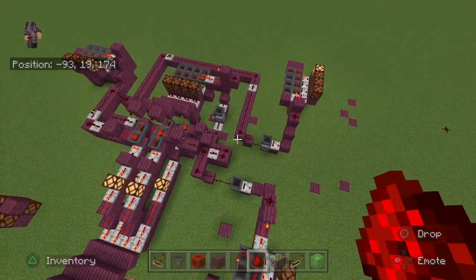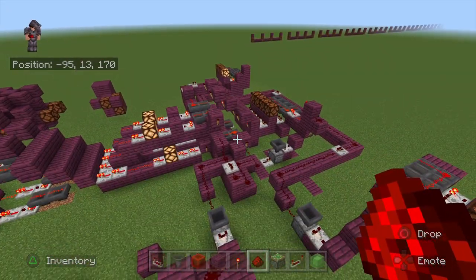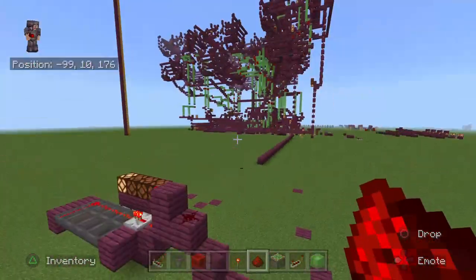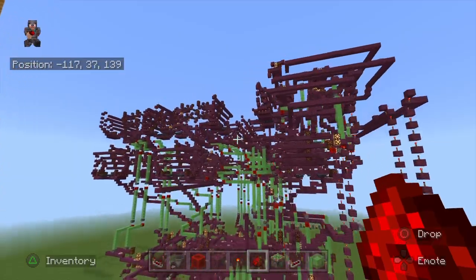And this isn't tuned correctly right this second either. It's been a while since I was messing with it. I had to figure this out before I could even work any of this out.